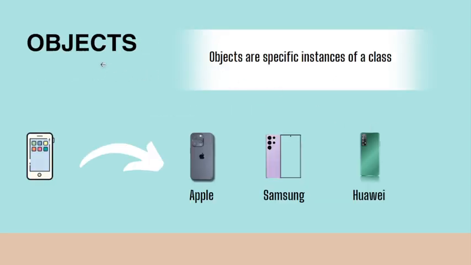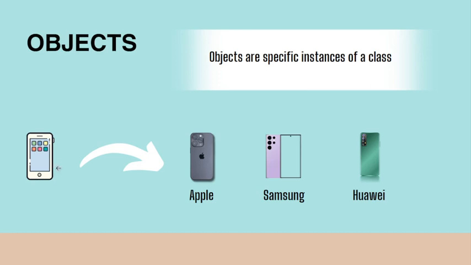Now let's see what objects are. Because we are talking about OOP, object oriented programming, we must specially focus on these objects. Actually, an object is a specific instance of a class. You can see this mobile phone is the template or the blueprint that we use as a class.